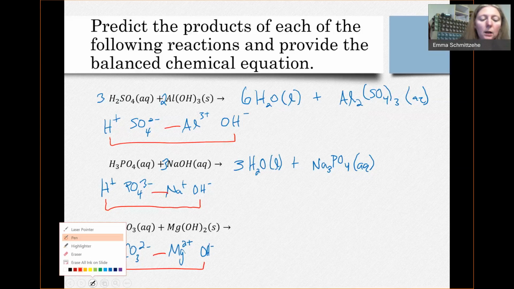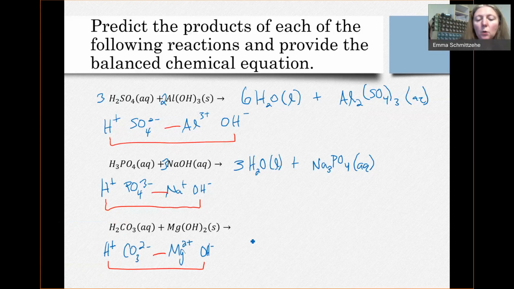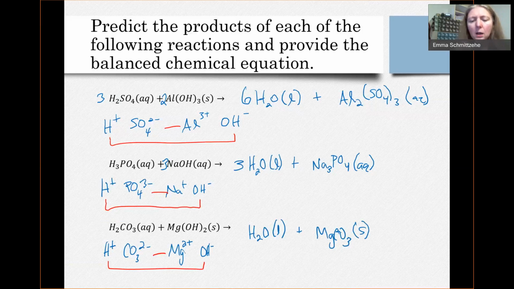Okay, so it would give us H2O liquid and MgCO3. If you look up, carbonate is typically insoluble, and so we're going to call that a solid because the magnesium should not be an exception to that. And then let's see, if we look at the balancing, you need 2 waters.